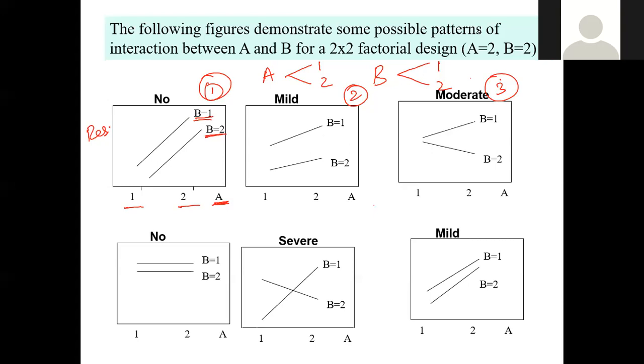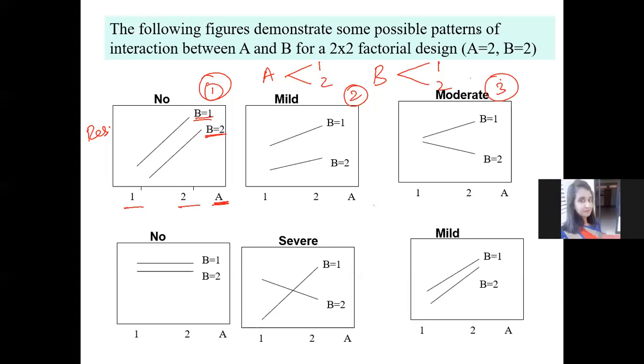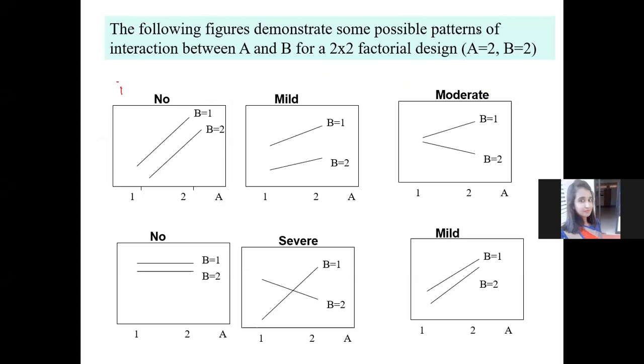Now, just tell me, in case 1, how about factor A, factor B, and AB interaction? What do you think about A and B?